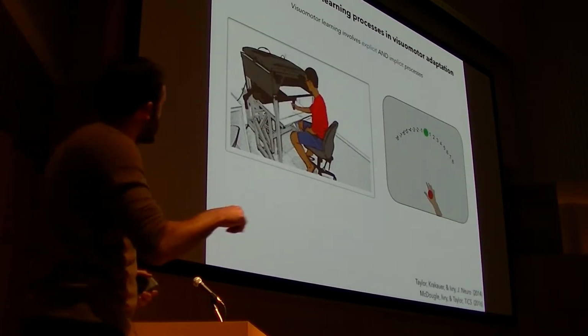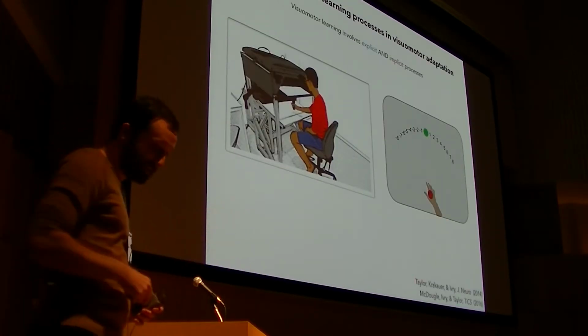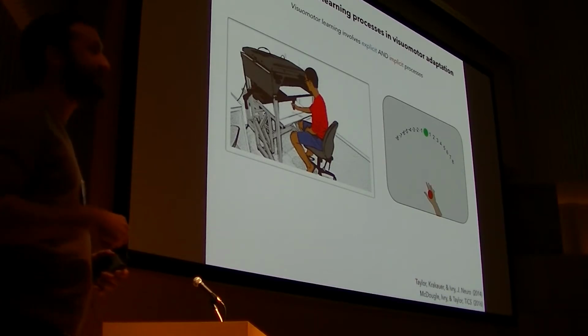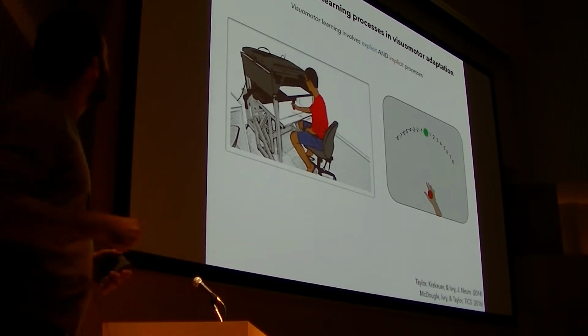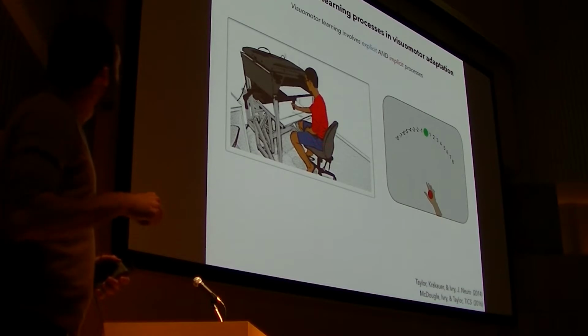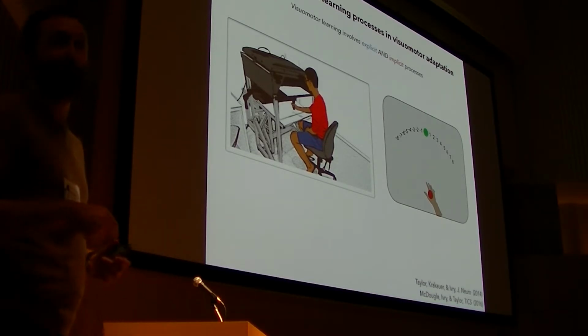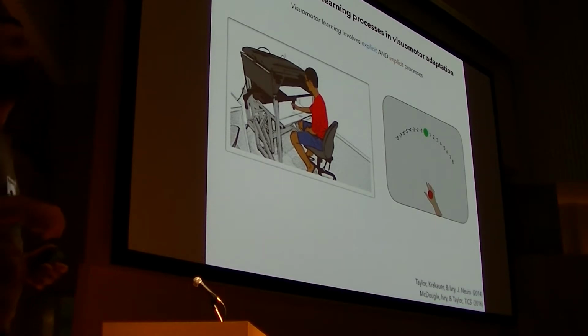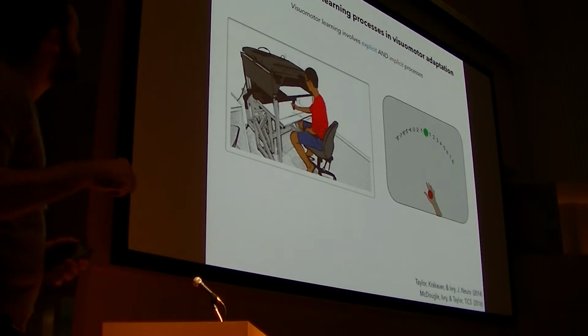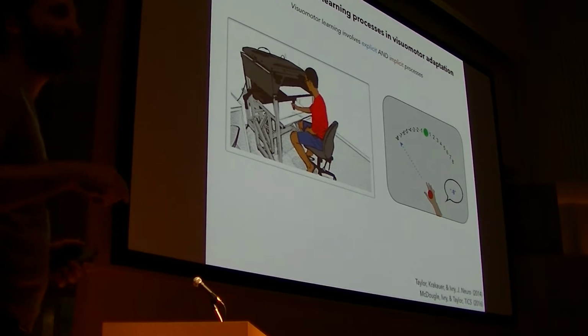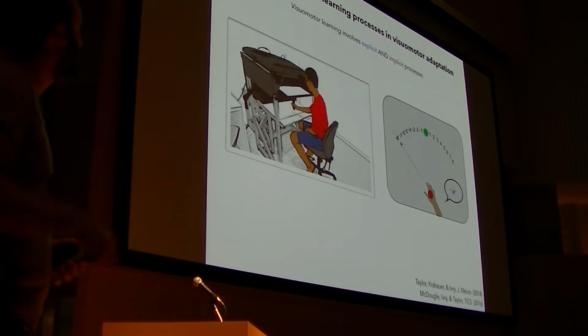So Jordan Taylor, my PhD advisor, used a very high-tech method, which is just asking people what they're doing. So nice and cheap. And what you can do in these tasks is dissociate learning that people are aware of, which we'll call explicit for simplicity. So you ask them, where are you moving your hand? And they'll tell you, I'm moving my hand over here to -8, let's say.